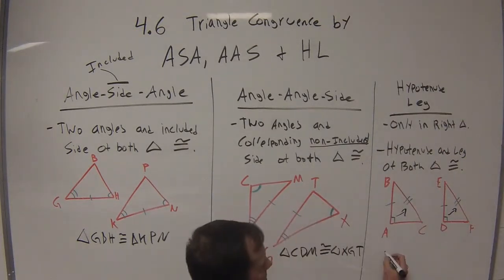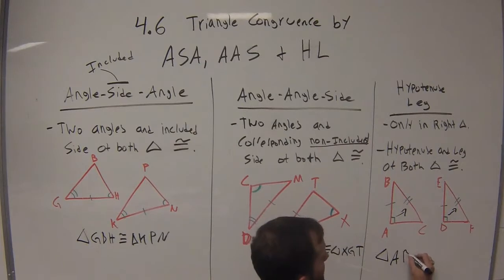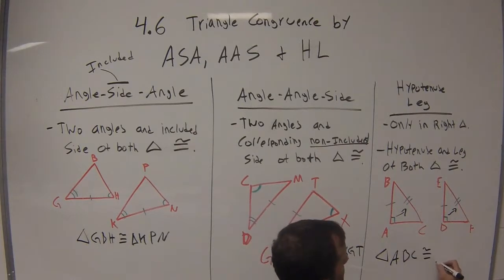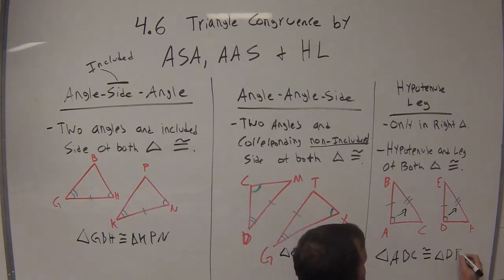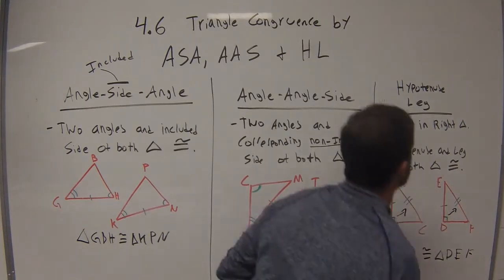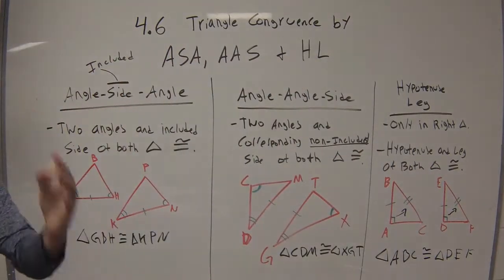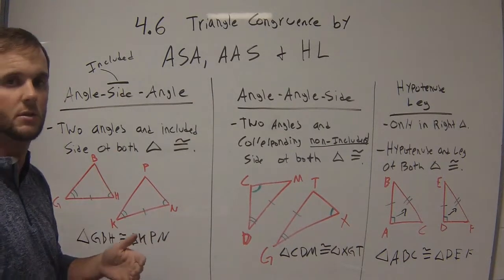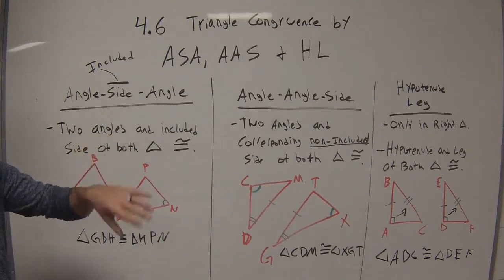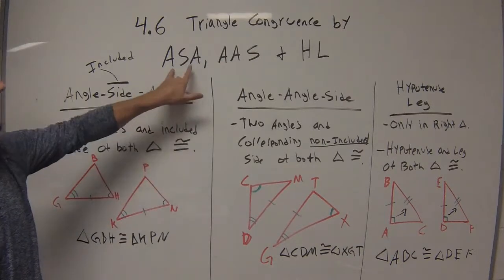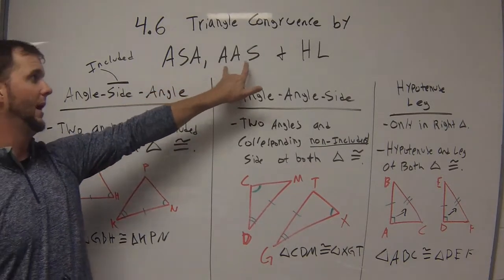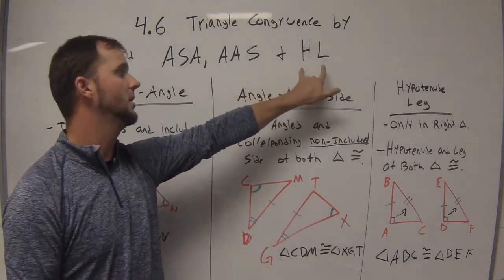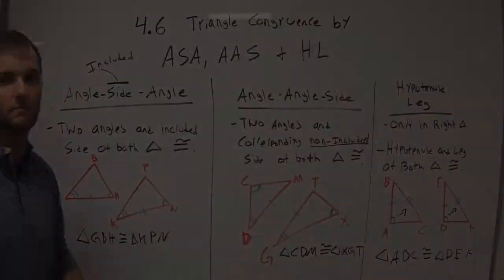So triangle ABC is going to be congruent to triangle DEF. So ladies and gentlemen, these are 3 new ways that you can look at and analyze triangles and figure out whether the 2 triangles are congruent: by angle side angle, angle angle side, and also by hypotenuse leg.